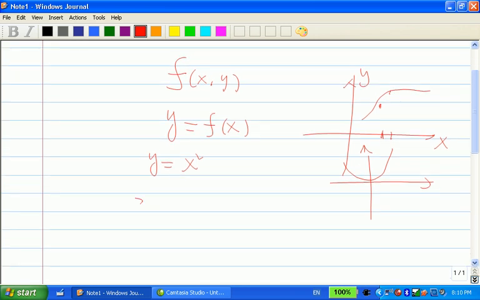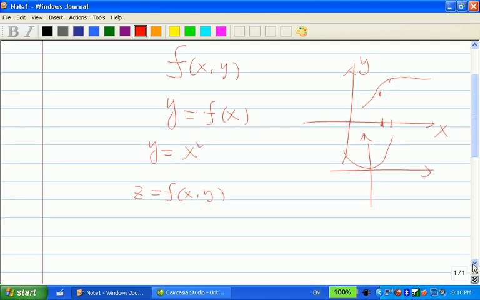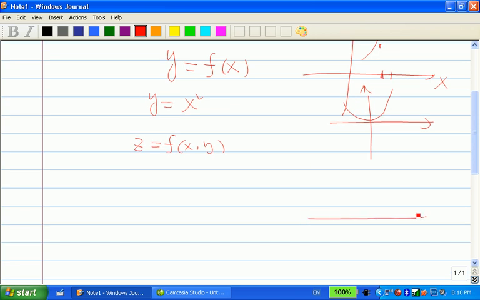How about a function that depends on two variables? What is the graph associated with it? That's the first thing we need to figure out. Think about this: in the space x, y, and z, give a point in the xy plane, you plug in, and you find a point in space. This point is (x, y, f(x, y)).